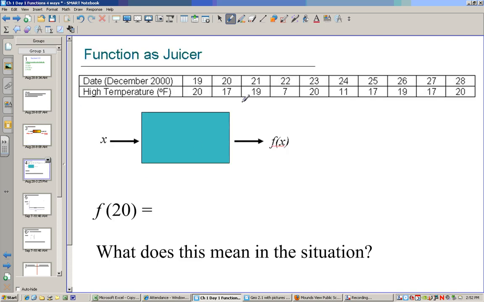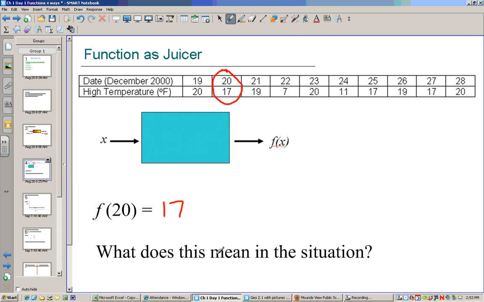Now, if we look at this situation, where we have a date in December of 2000, so this is the 19th, 20th, 21st, and so on. The output is going to give us the temperature. So if we're looking for f of 20, what I do is I look for where my x value, or my input is 20, and where my input is 20, my output is 17.